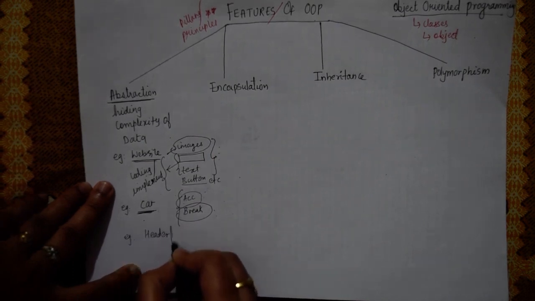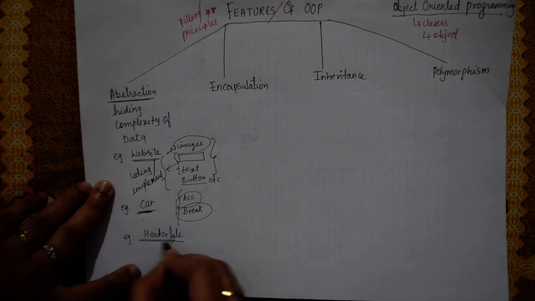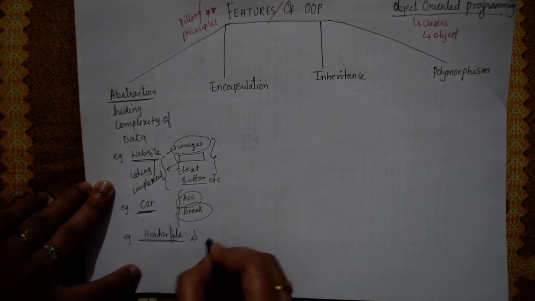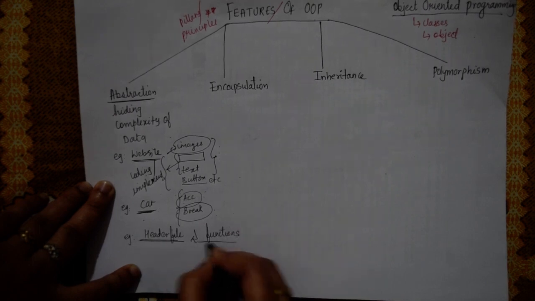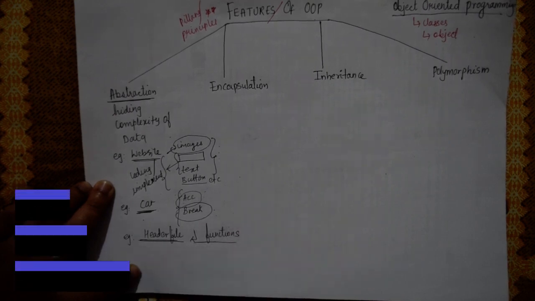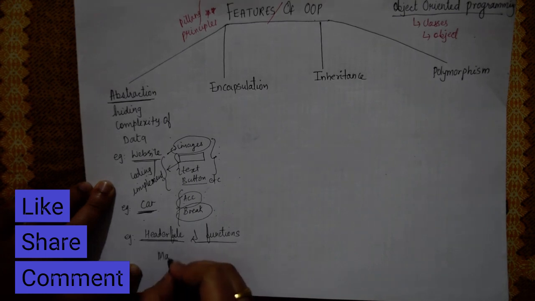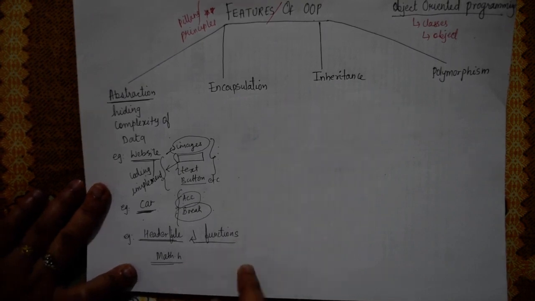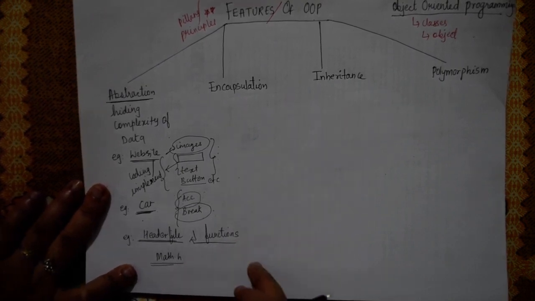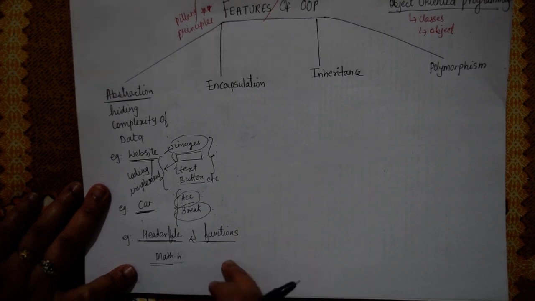We can take one more example, the best example for you, header file. Simplest one. We know that a header file contains functions, and we can use these functions directly in our program. Correct? For example, math.h. In math.h there are different mathematical functions which can be used in our program without writing the implementation and without knowing the implementation detail. Correct?